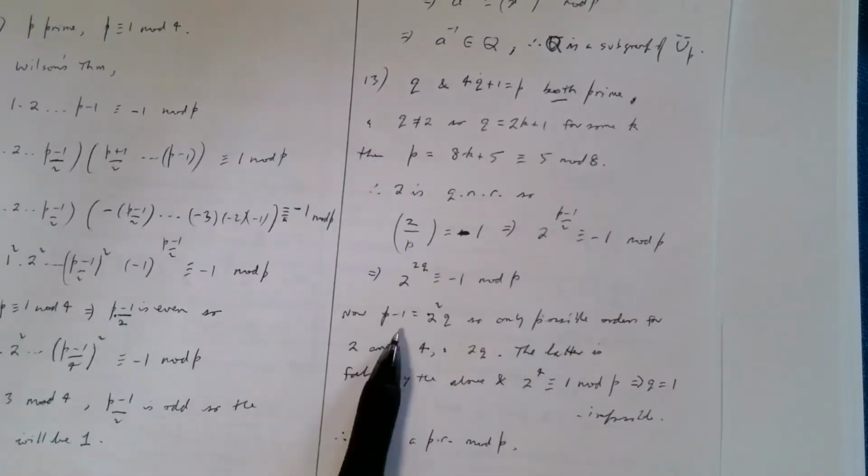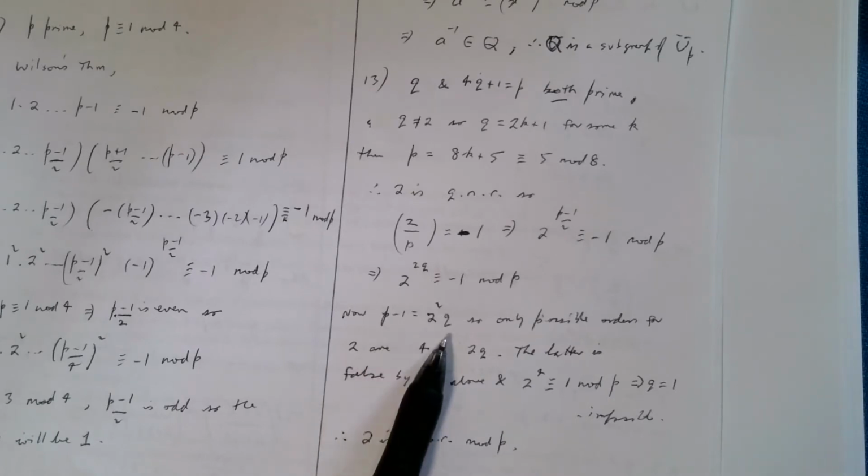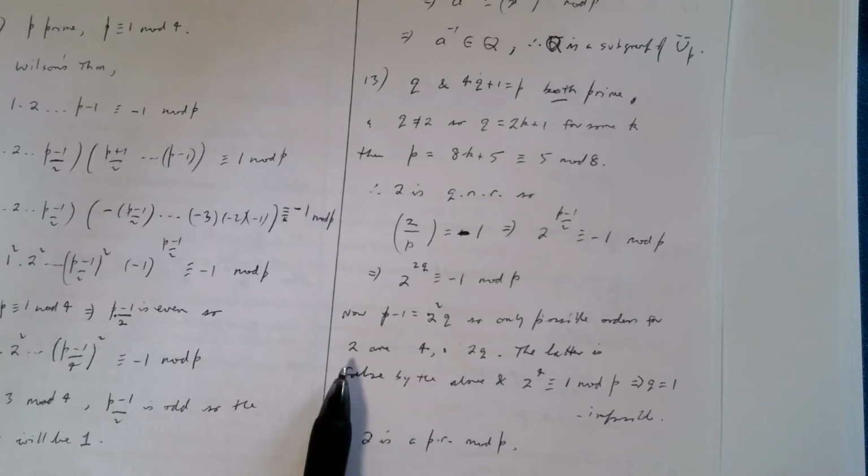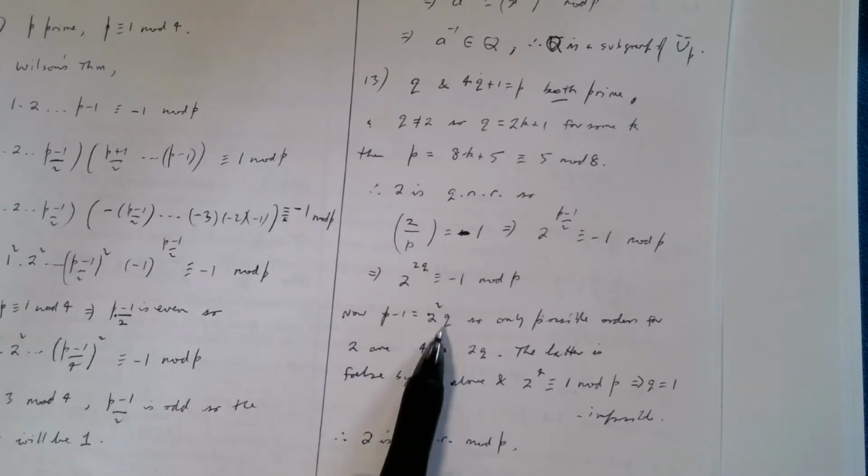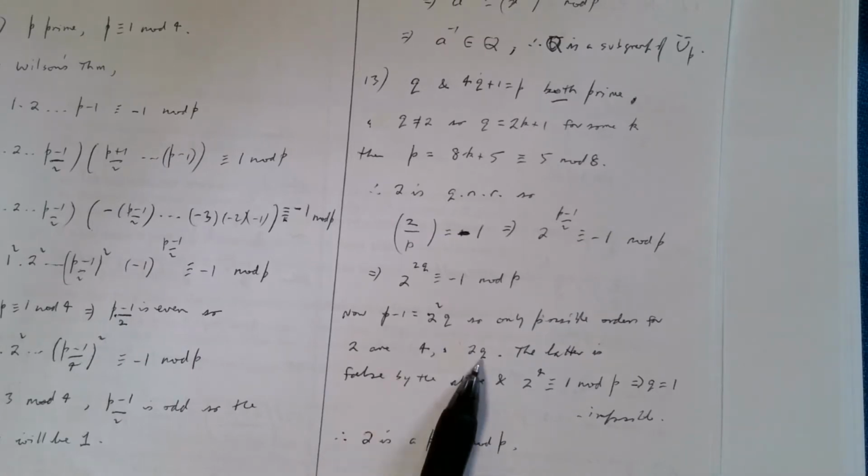Now p minus 1 then is 2 squared times q, because p was 4q plus 1. So the only possible orders for 2 are going to be this divided by q, which is 4, or this divided by 2, which is 2q. That's how we check.